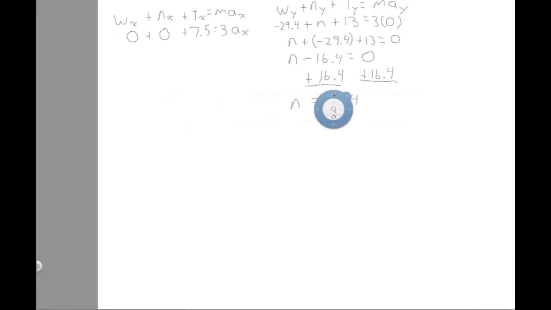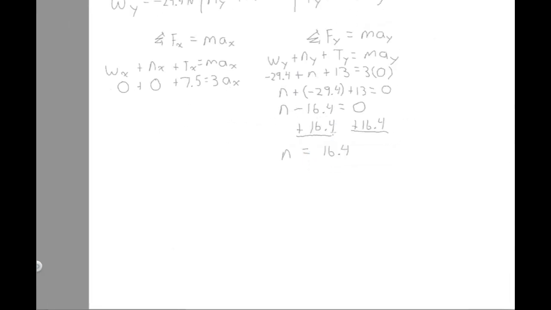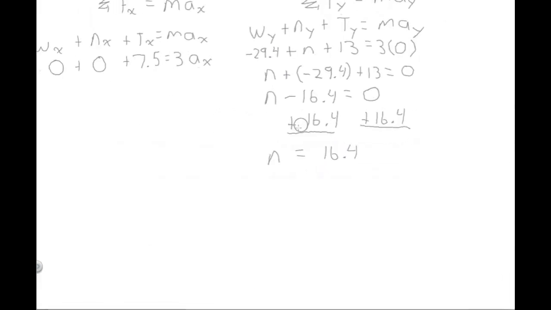Now to get the n by itself, we will add 16.4 to both sides of the equation. Why are we adding 16.4? To cancel out this negative sign. All right, now that we've solved the equation to a single number, we should put in units.